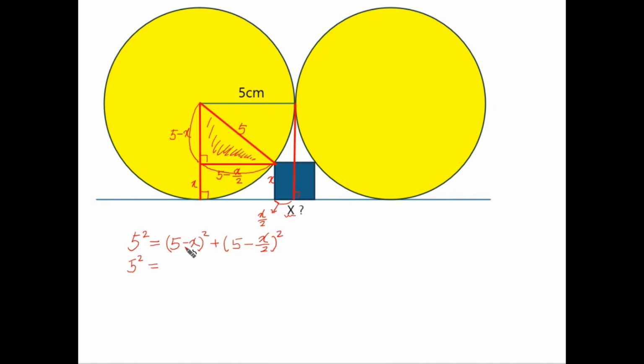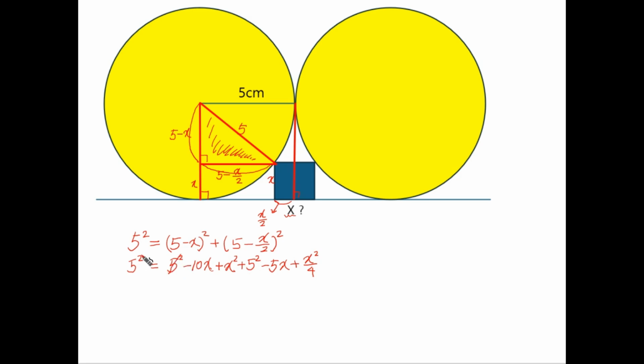5 squared equals 5 squared minus 10x plus x squared plus 5 squared minus 5x plus x squared over 4.